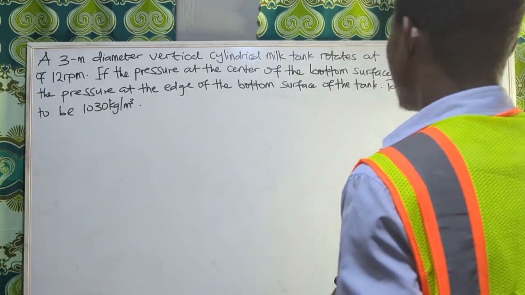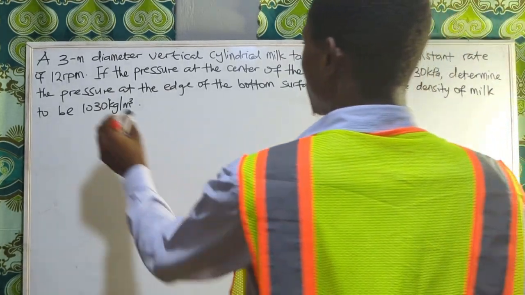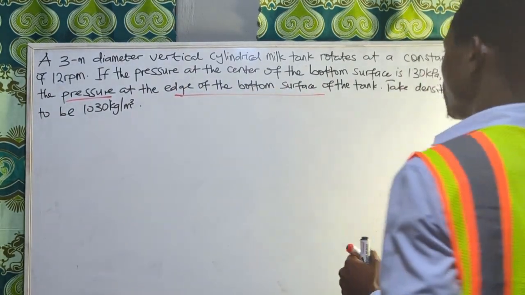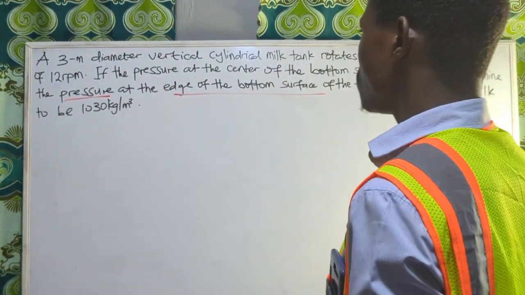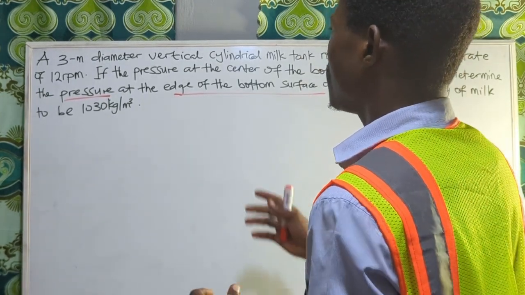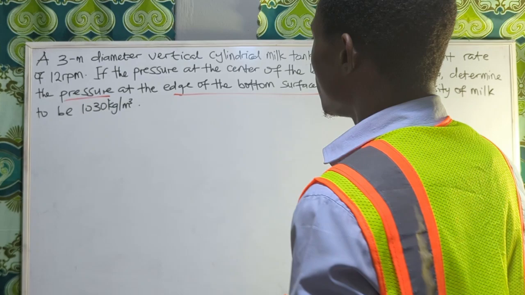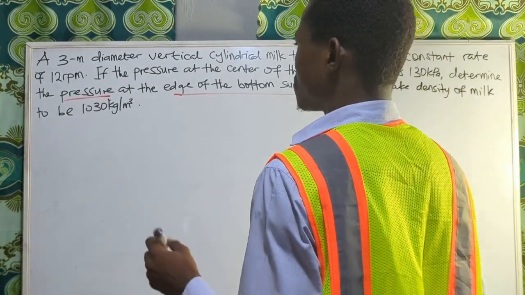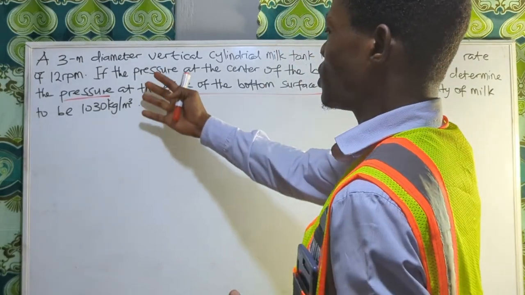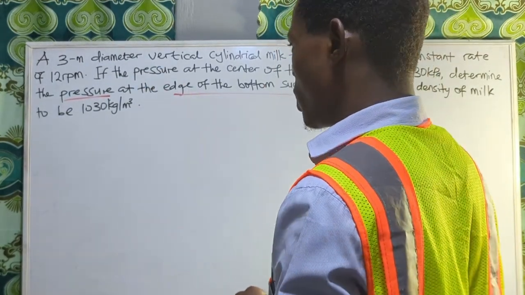So we are to determine the pressure at the edge of the bottom surface of the tank. To start with our question, we are to draw a diagram that illustrates whatever is here on the board.